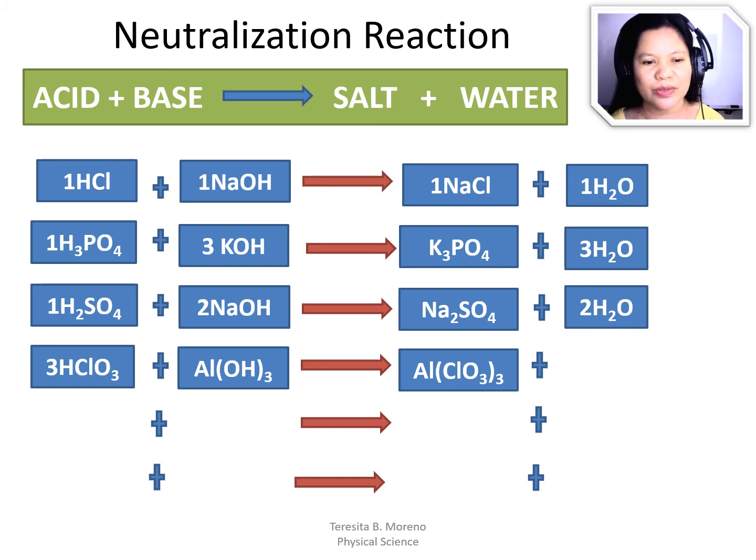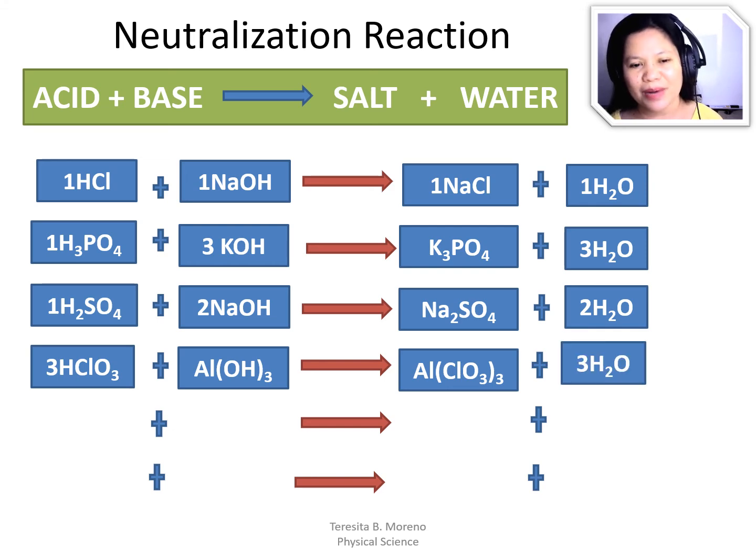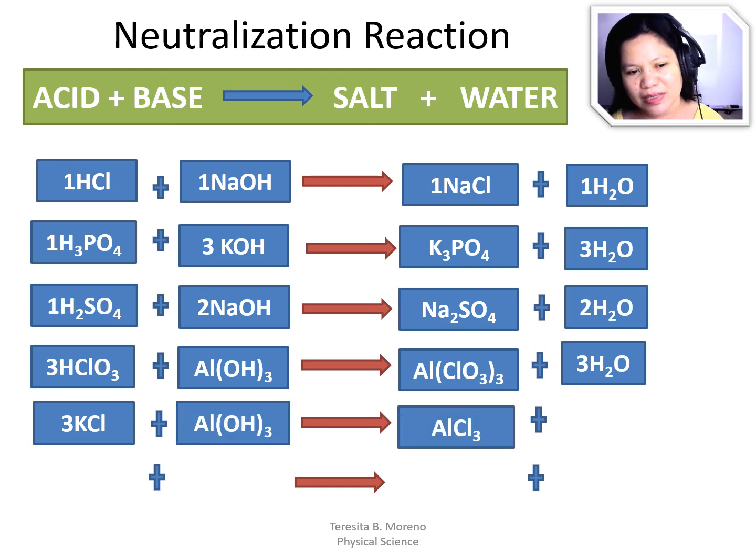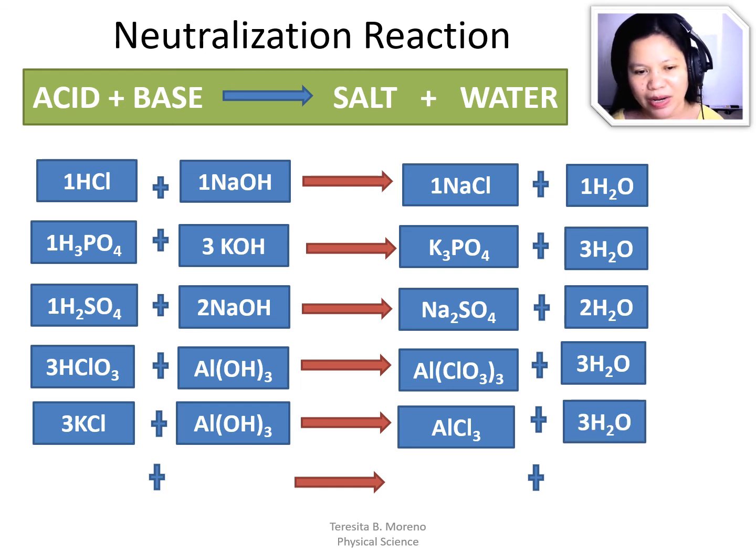It will yield aluminum chlorate plus water. In the next example, you have 3 molecules of potassium chloride plus aluminum hydroxide. It will yield aluminum chloride plus water.